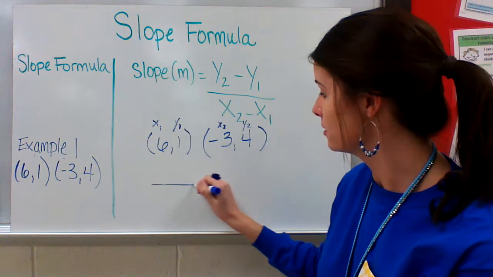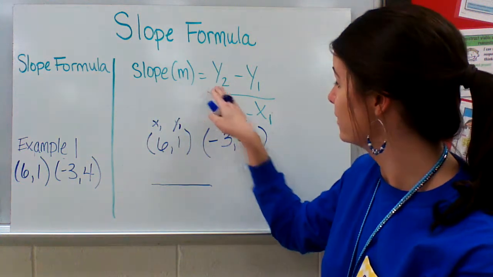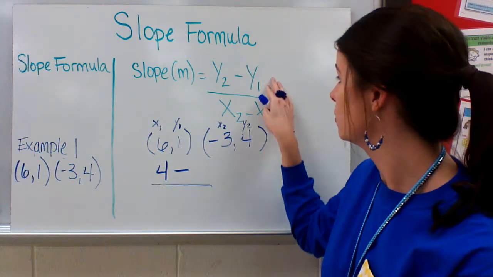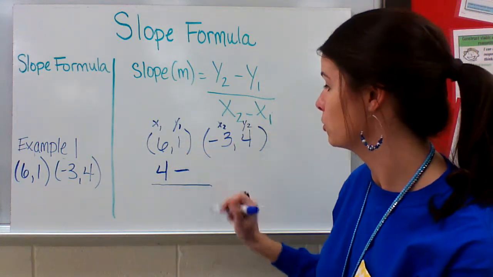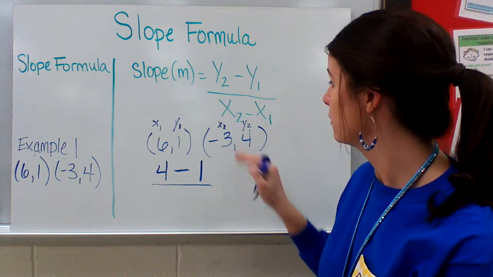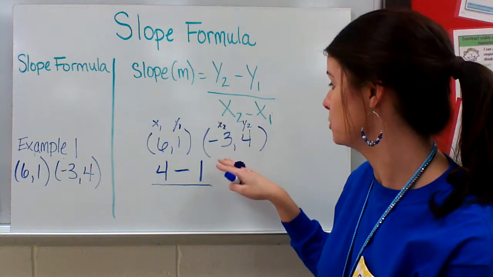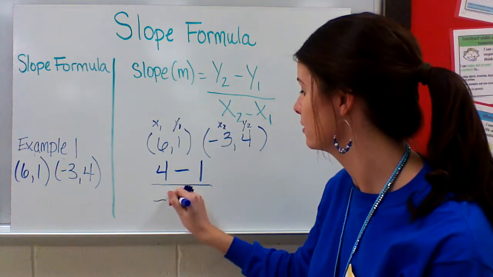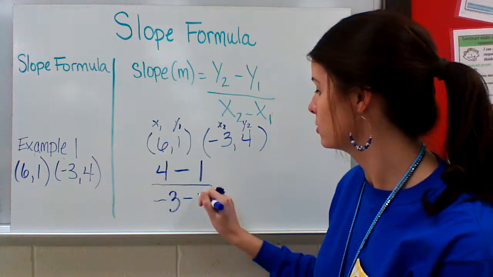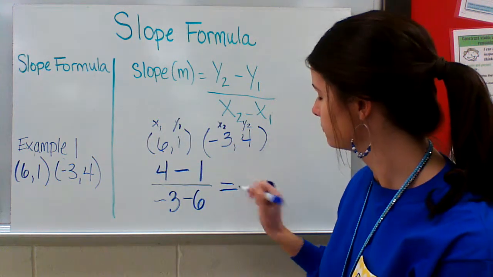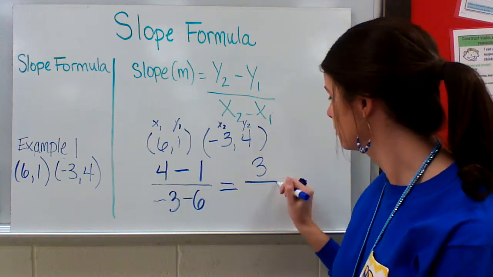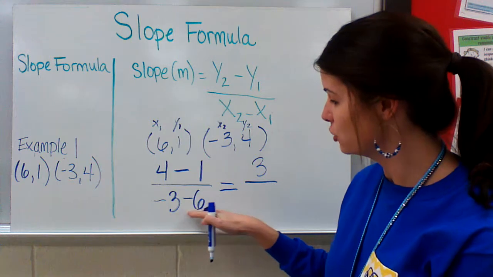Now we are going to set up the formula. Take y sub 2, which is 4, and subtract y sub 1, which is 1. Then we're going to take x sub 2, which is -3, and subtract x sub 1, which is 6. 4 minus 1 is 3. -3 subtract 6.